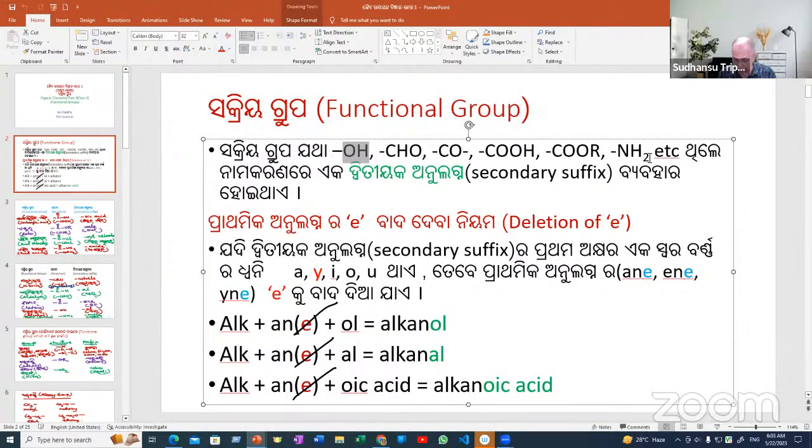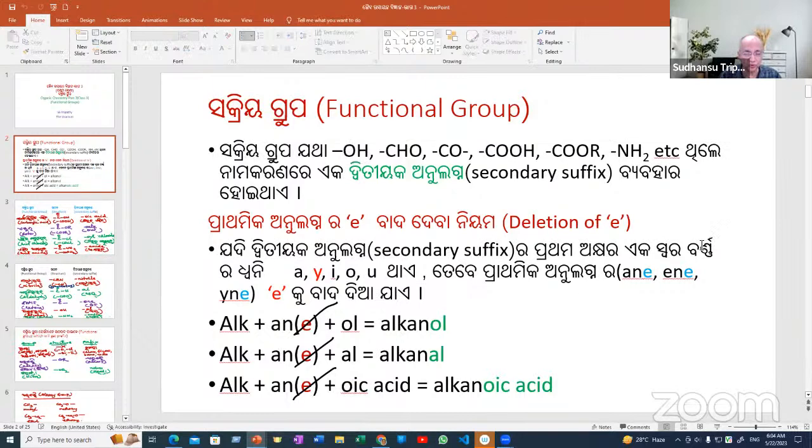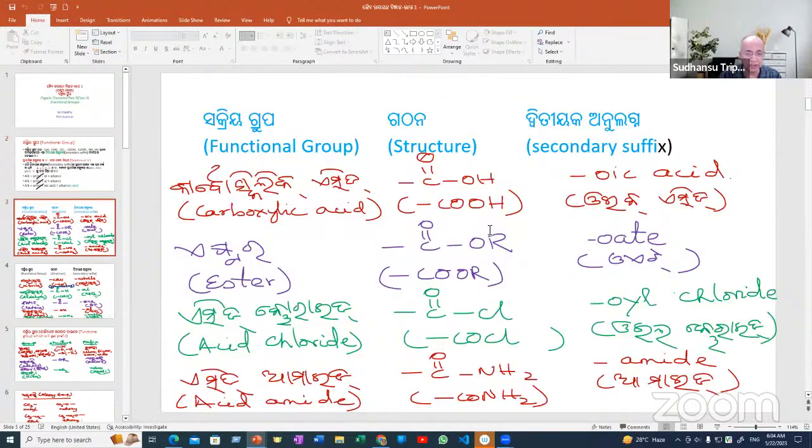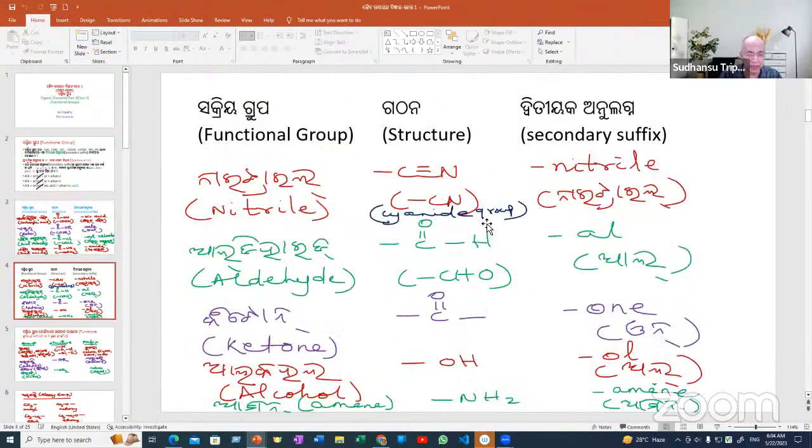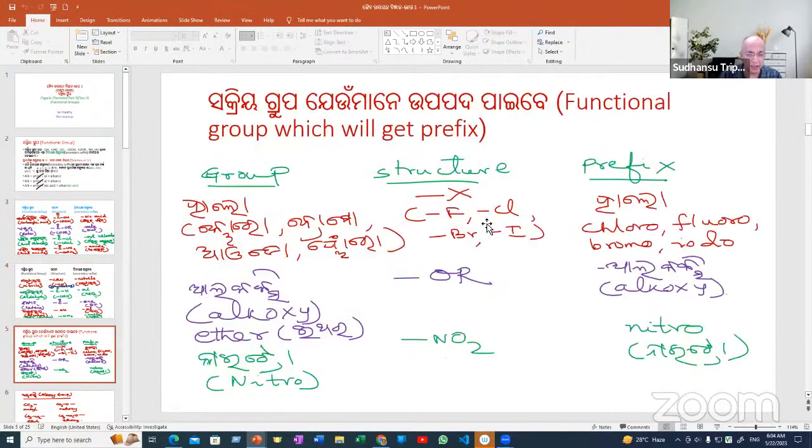So we won't take up any discussion on compounds having multiple functional groups. That we won't do. We have our limitations, but very soon in class 11, you will study how you can name a cyclic compound, as well as a cyclic compound having multiple functional groups.